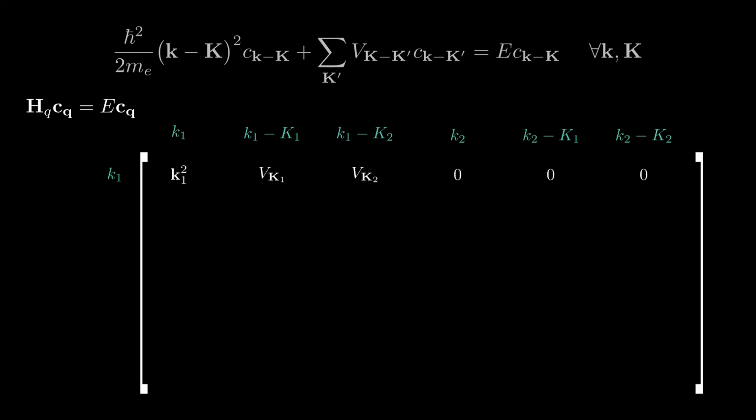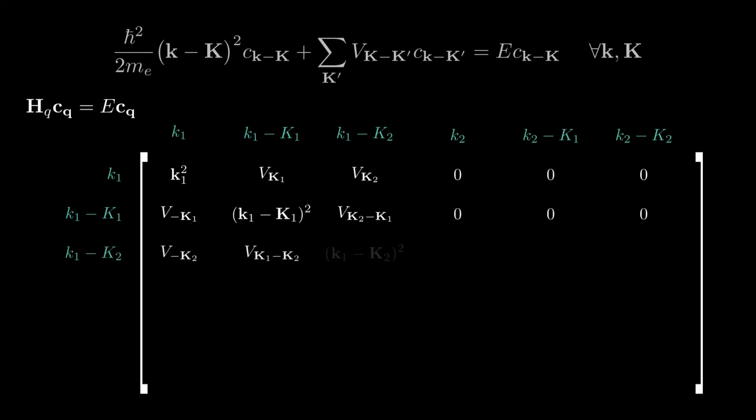For q equal little k1 minus big K1, the coupled terms involve little k1 through V of minus big K1, and with little k1 minus big K2 through V of K2 minus big K1. And similarly for q equals little k1 minus big K2.